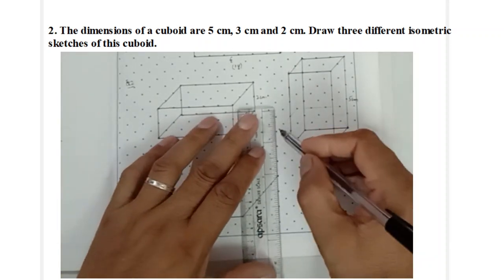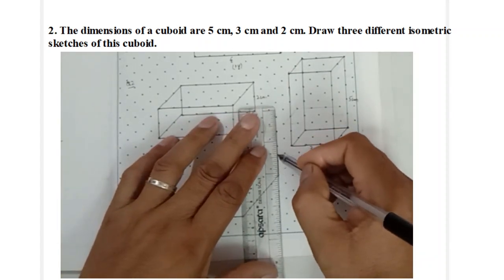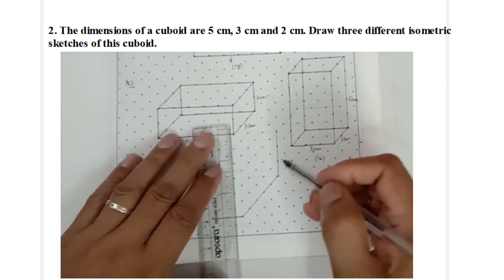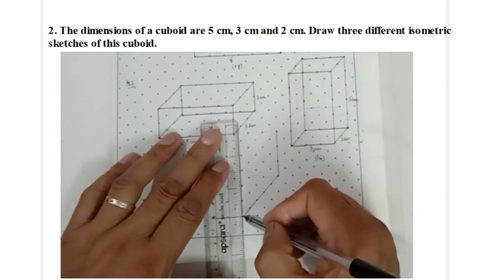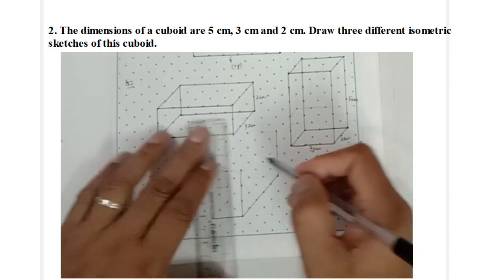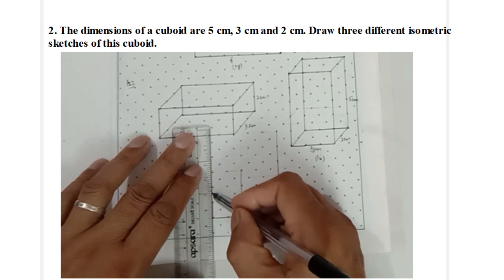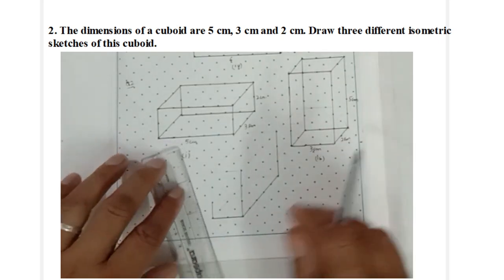Height is 3 centimeter, that is 1, 2 and 3. Again height is 3 centimeter. Let us draw this, 1, 2 and 3. Height is 3 centimeter.